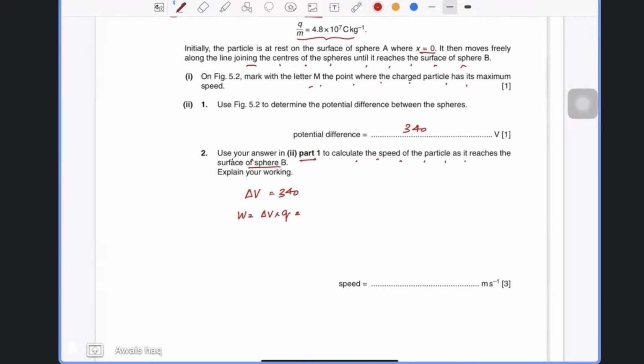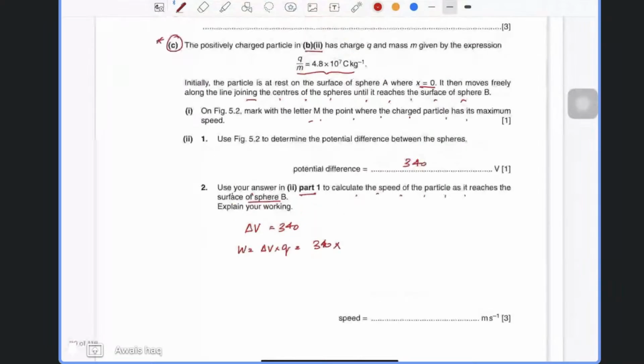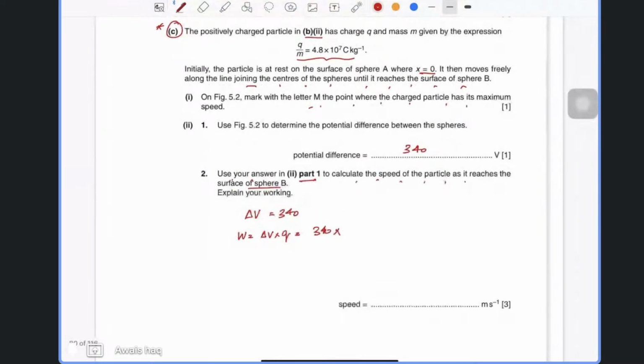Do we have the charge for this? We don't have the charge, right? But the equation below gives it. But then we do not have the mass as well. So I'm going to play a trick here. What I'm going to say is this is the work done in causing it to gain speed. Do you guys agree? So that should be equal to kinetic energy, no?